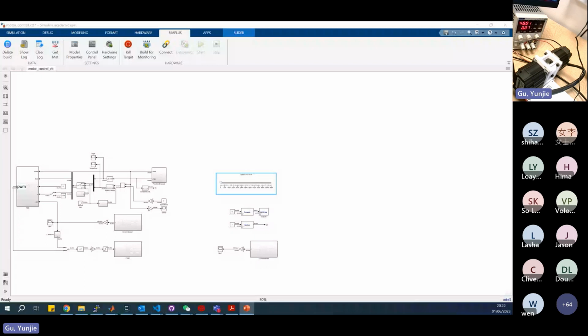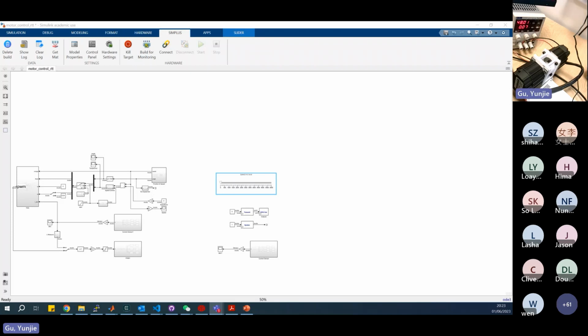The red board here is the MCU, and these are two motors to be controlled. One of the motors is controlled by the MCU, and the other motor is controlled by a motor controller, so they can, say, load each other.